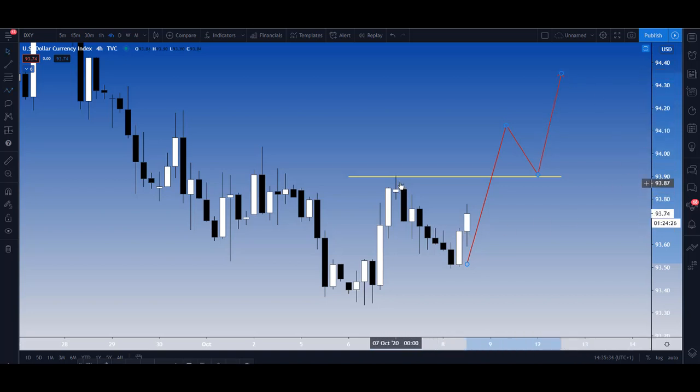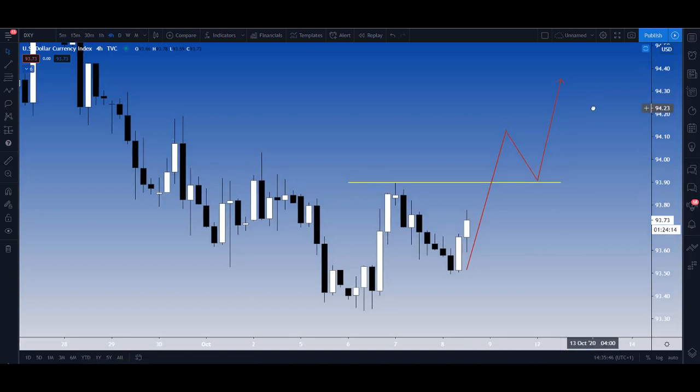I want to see a new high telling me that buyers are coming into the picture. And then I want to see that pullback, that higher low, and look to trade from here and then look to buy. So we haven't seen it yet, but the potential here is that we could be seeing buyers come in.